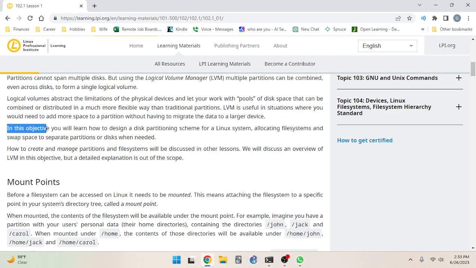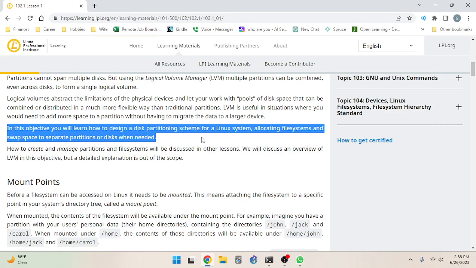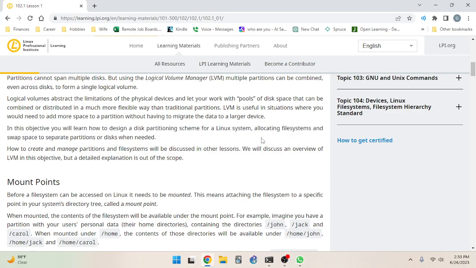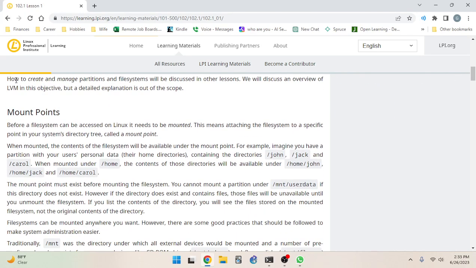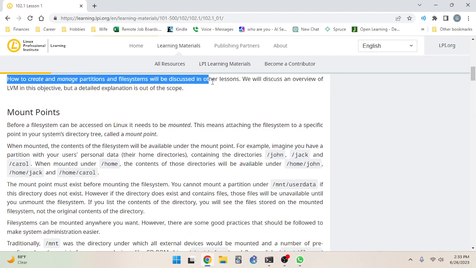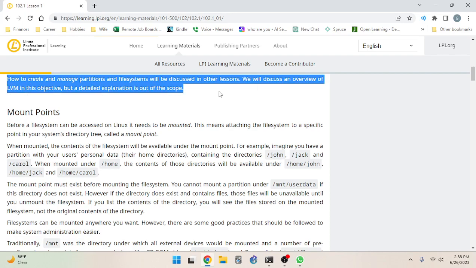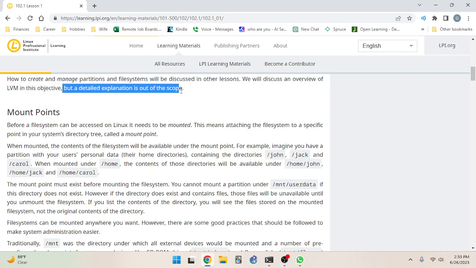In this objective, you will learn how to design a disk partitioning scheme for a Linux system, allocating file systems and swap space to separate partitions or disks when needed. How to create and manage partitions and file systems will be discussed in other lessons. We will discuss an overview of LVM in this objective, but a detailed explanation is out of scope.